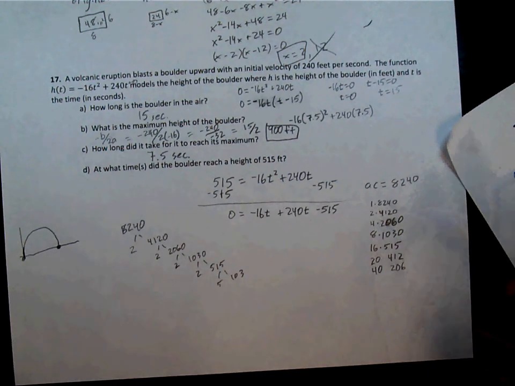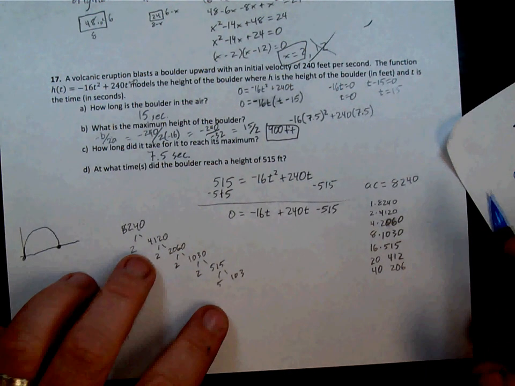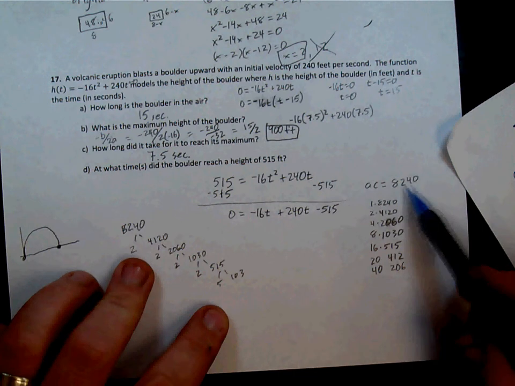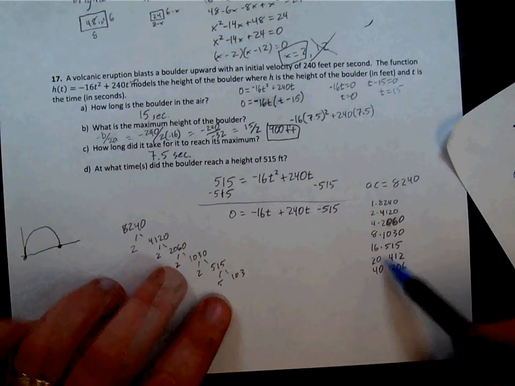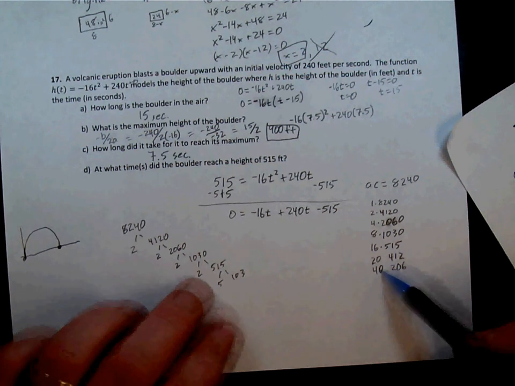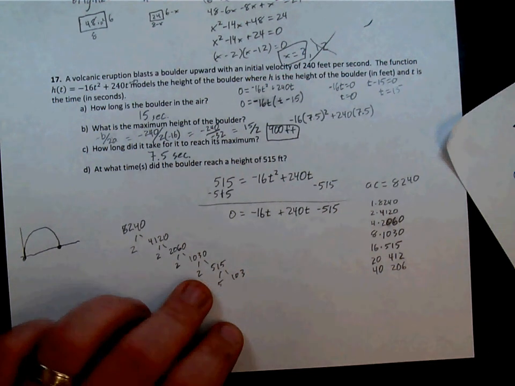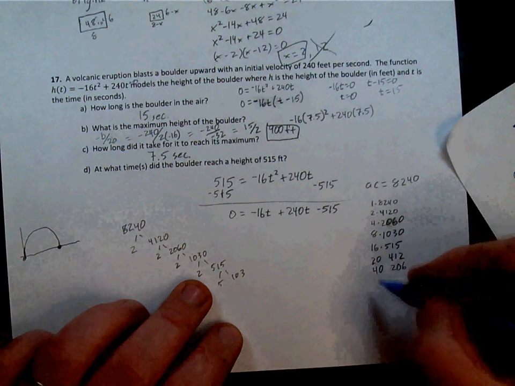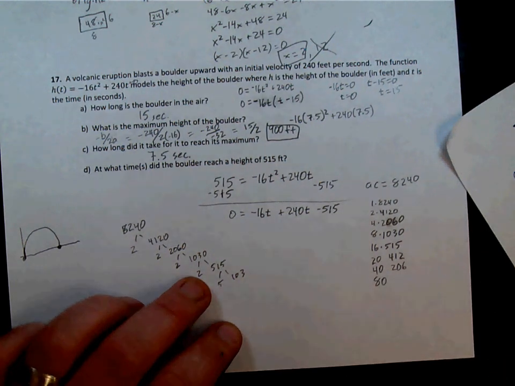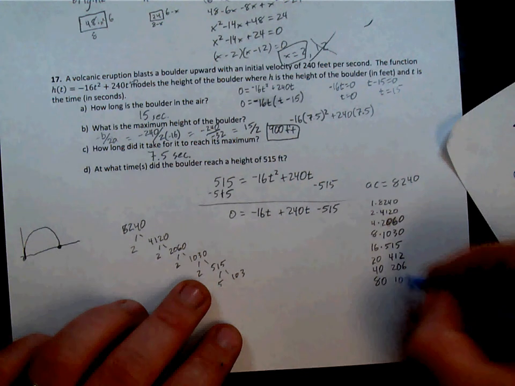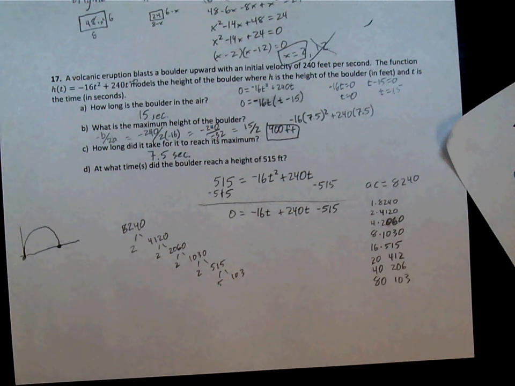Could have been a 10, but that would have been still too big. 20 I tried. 40 I tried. 16 times 5 could have been an 80, but let's see what that is. 103. We passed the 240.